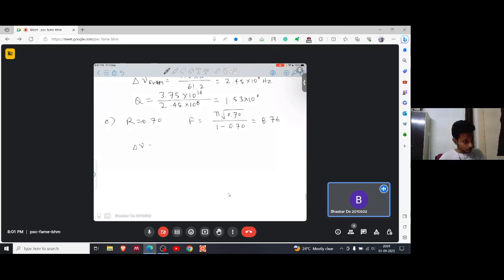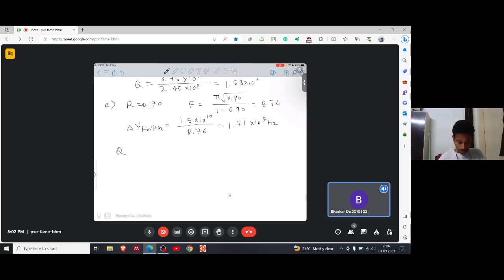Delta nu FWHM equal to 1.5 into 10 to the power 10 by 8.76, that is 1.71 into 10 to the power 9 hertz.